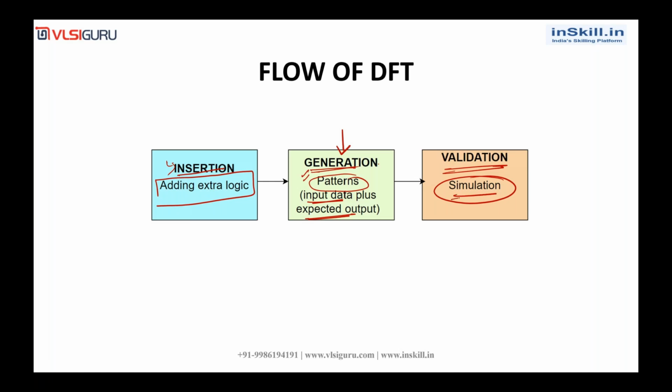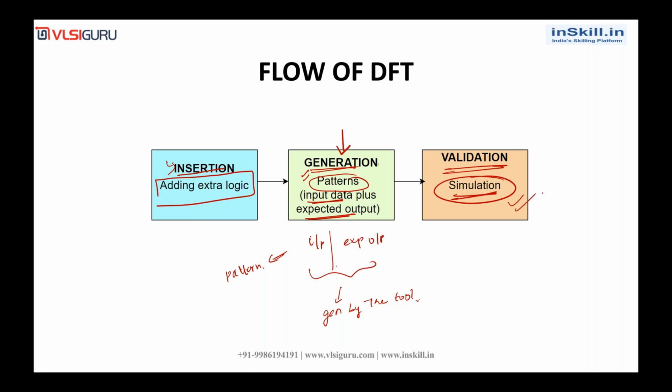Now you might get a doubt. The input sequence and expected output, this is the pattern, right? This is actually generated by the tool itself. So if it is generated by the tool, then why again do we need to validate the patterns?